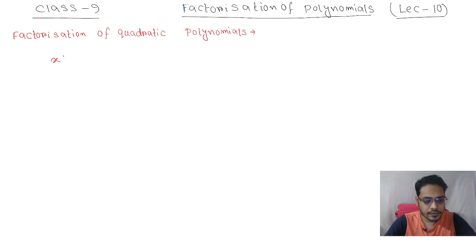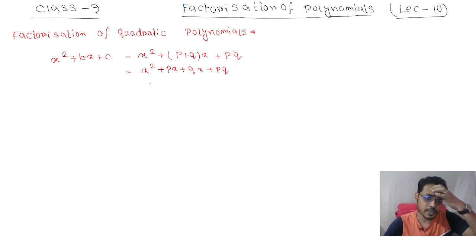Suppose it is x square plus bx plus c in this format, and we have to write it in this form, that is x square plus (p plus q)x plus pq. That means we will write it as x square plus px plus qx plus pq.